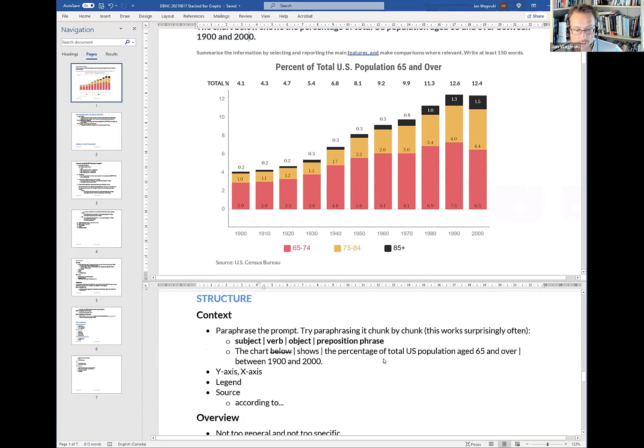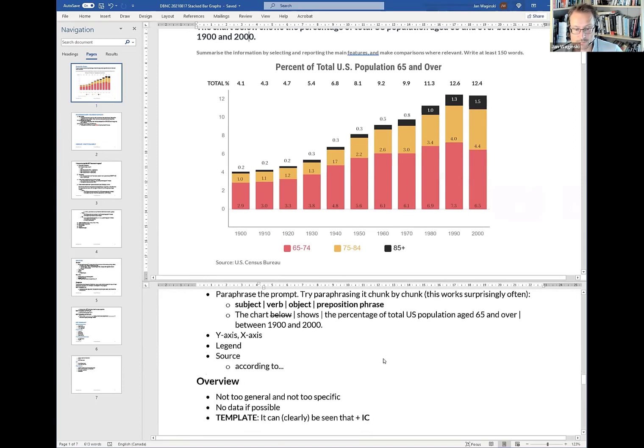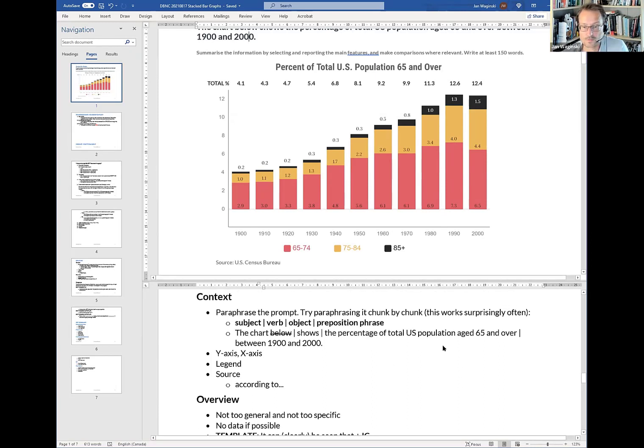And then after the context comes the overview, the general overview, and it's got to have a fine balance between being too general versus being too specific. Try and do it without any data if possible. Okay. So let's start with a little bit of writing, and let's do the context, the very first sentence.